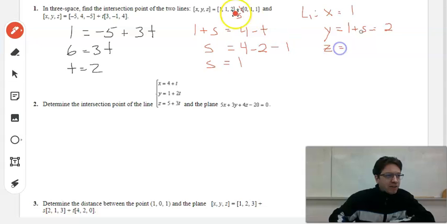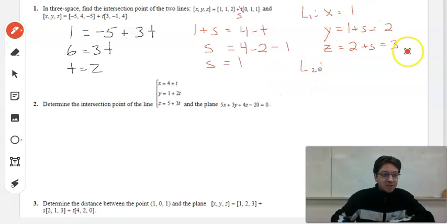And z will be 2 plus s, and since s is 1, we get 3. Oh, that's a nice 1, 2, 3. Okay. Our second line, so let's test. They should be the same. It looks like the intersection point is 1, 2, 3, but that's only if we can get the same thing here.